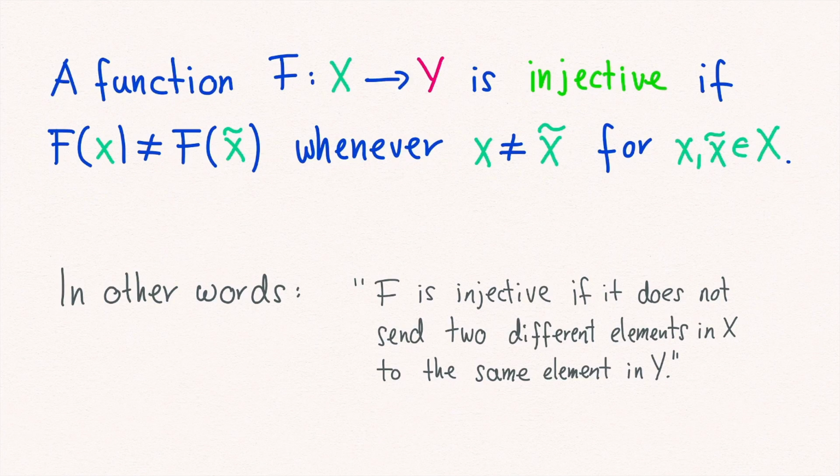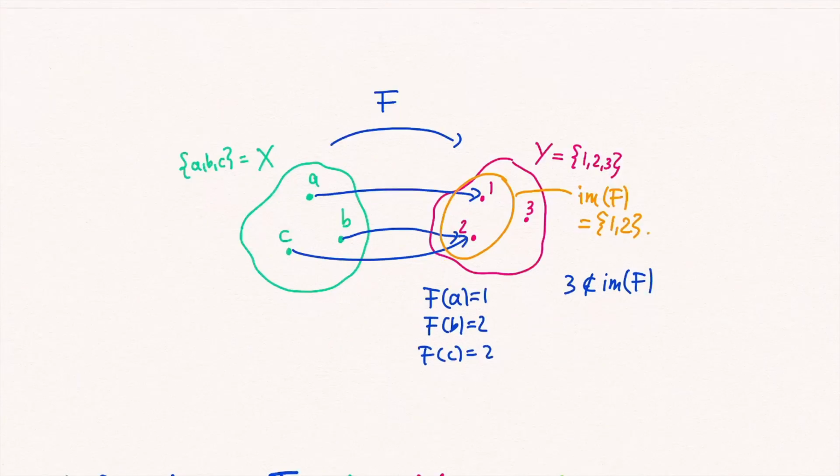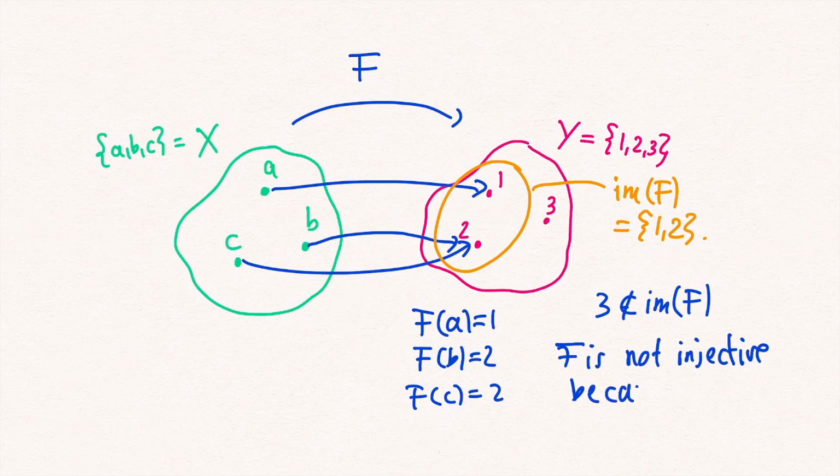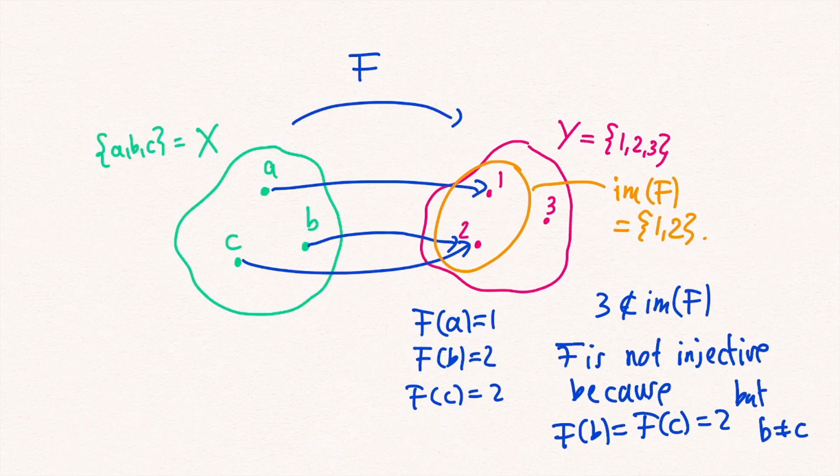In other words, this f doesn't send two different elements to the same element in Y. So in this case, f is not injective, because f of b equals f of c, which here is 2, but b is not c. And also this example is not surjective.